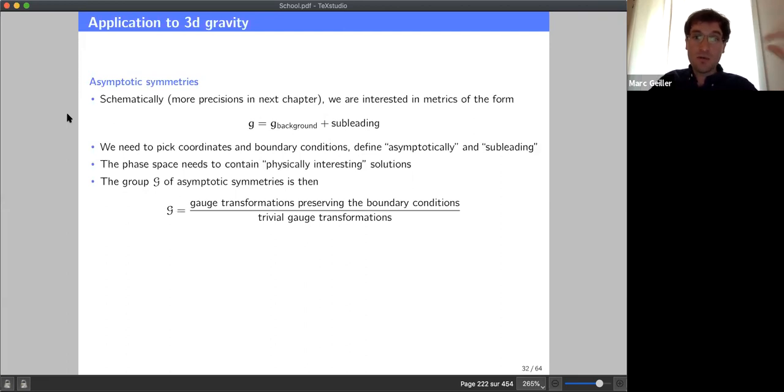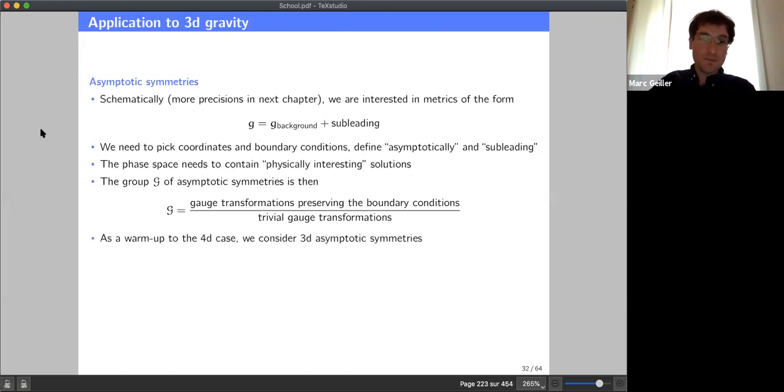Intuitively, we want to remove these trivial ones. We want to only extract the charge corresponding to diffeomorphisms which preserve the boundary conditions and which have non-vanishing charges. We will see in the next slide what we mean by diffeomorphisms preserving the boundary conditions.